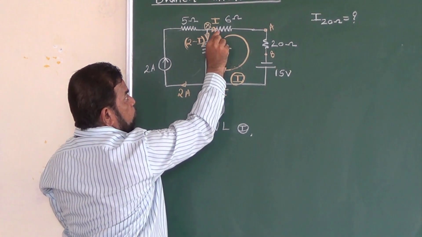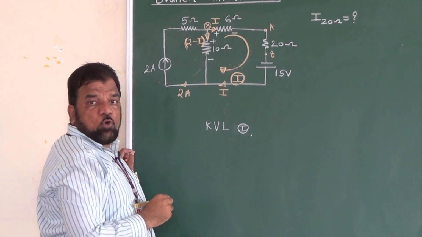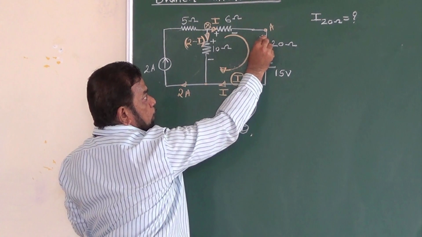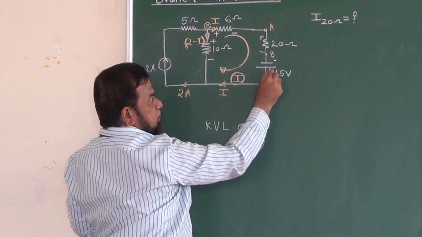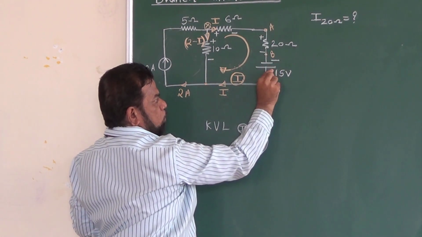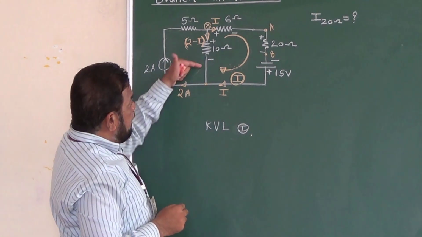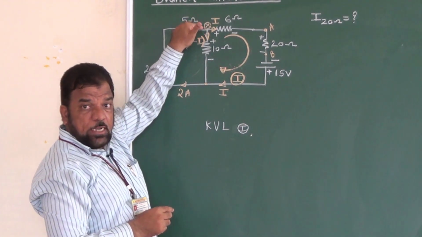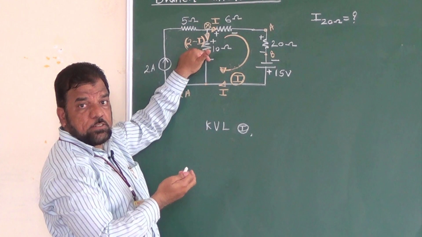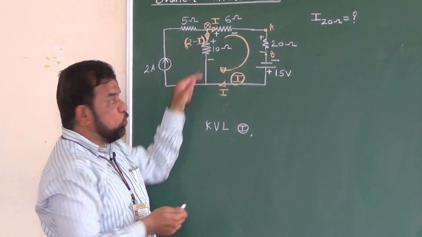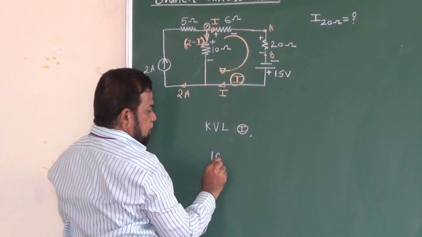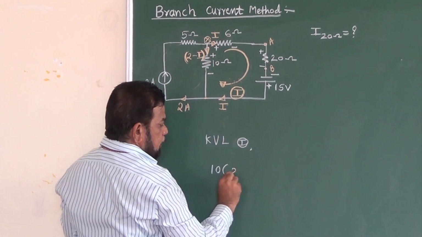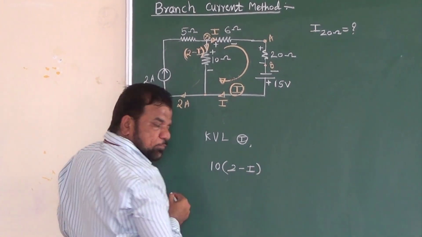When the current is flowing from left to right, the potential drop is plus to minus, again downward, plus to minus, and this is minus to plus. Whenever there is a rise in potential, rise stands for minus to plus, that drop is taken as positive. So this drop is 10 as the resistance, whereas the current is 2 minus I.